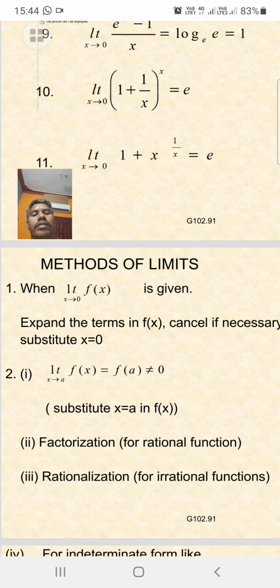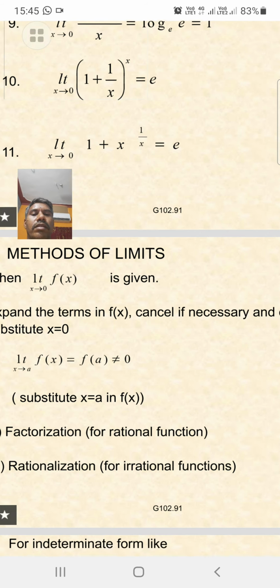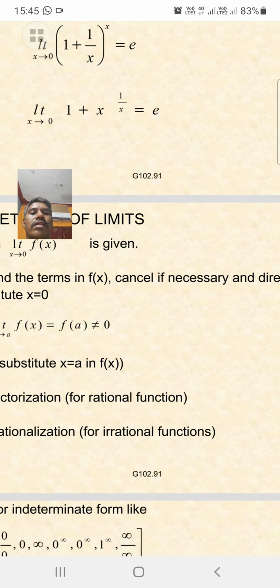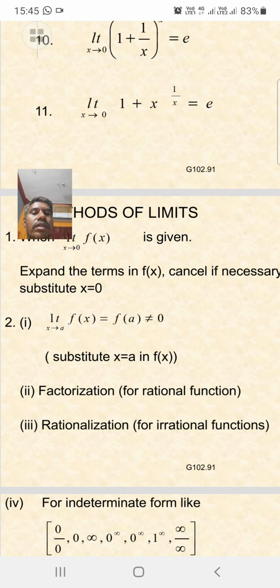Methods of limits. When limit x tends to 0, f of x is given, expand the terms in f of x, cancel if necessary and directly substitute x equals 0. Second point, we have subpoints.